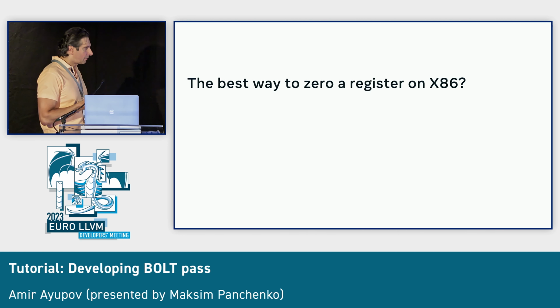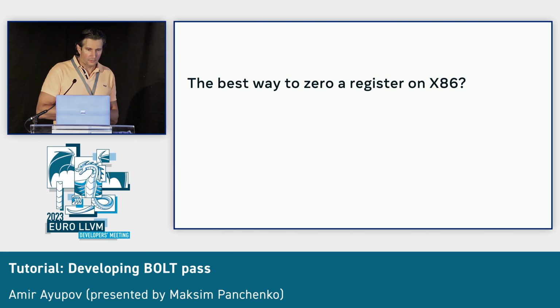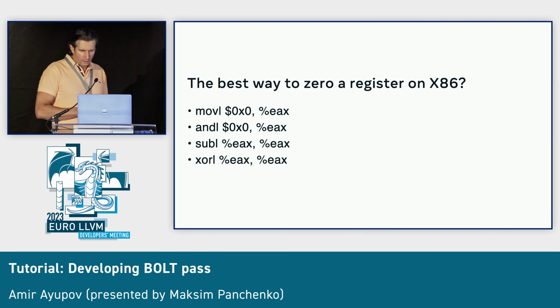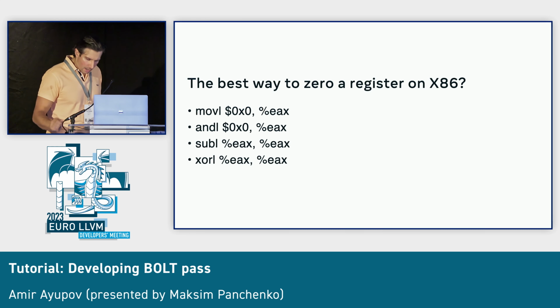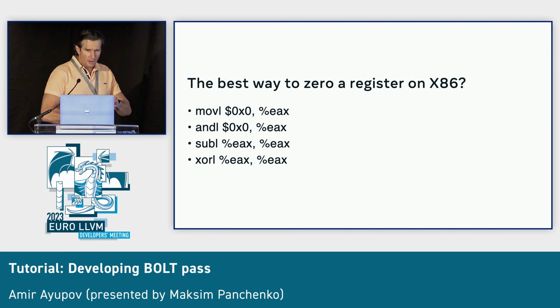If you're a bit familiar with x86, there are multiple ways to do basically the same thing, and zeroing a register is one of them. So here we have four different instructions that will zero the EAX register, and some of them are better than the others, especially if you look at the size of the encoding.